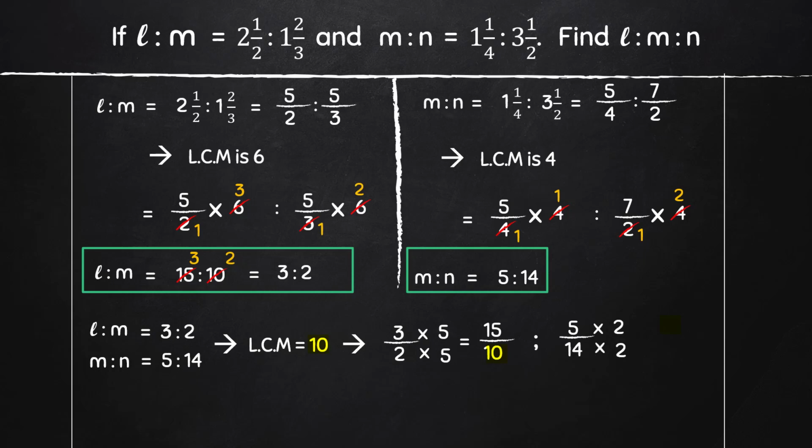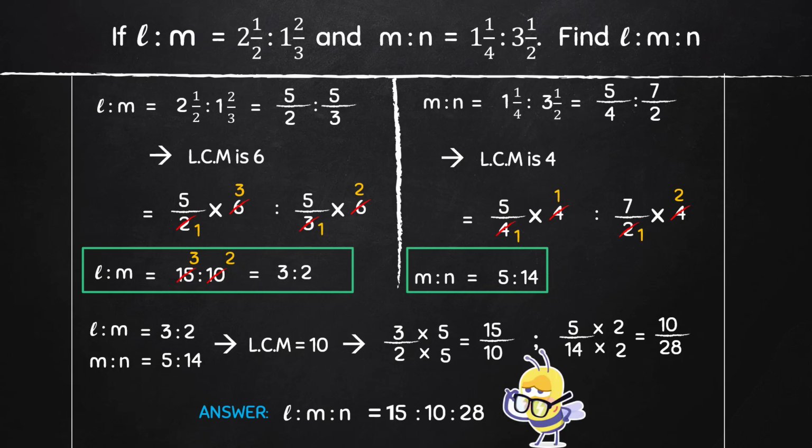You multiply by 2 to get 10 and 14 twos are 28. So this is L, these two are M and this is N. So what is L is to M is to N equal to 15 is to 10 is to 28.